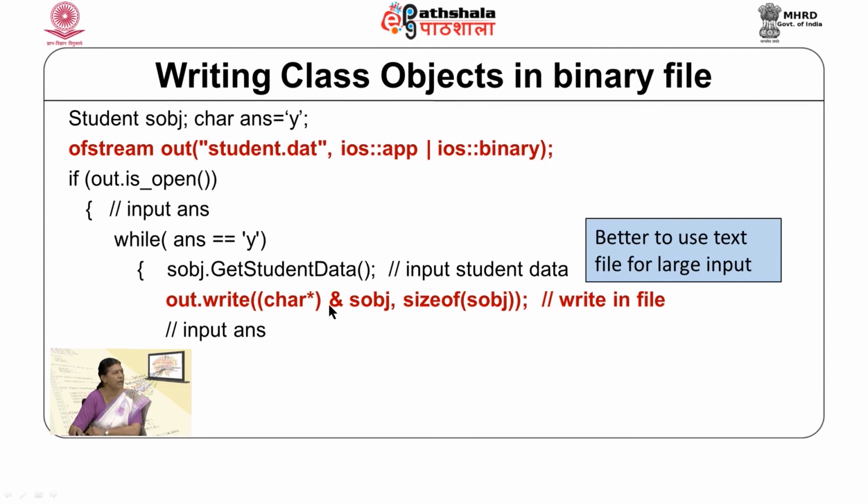So, we have used char star as the typecast, and how many bytes are to be written, again the sizeof operator will help us to determine the size of the object. So, we have used sizeof sobj. So, those many bytes will be written into the file student.dat from the current position of the put pointer.